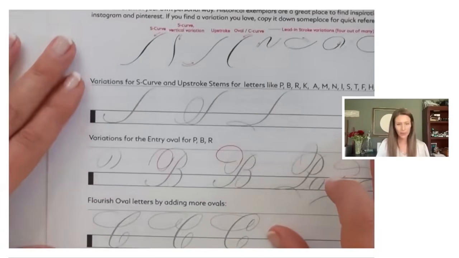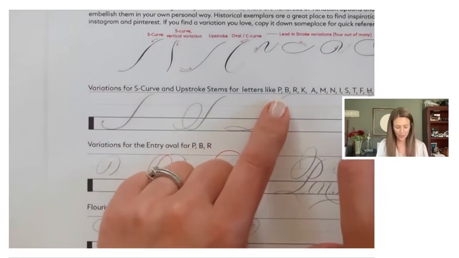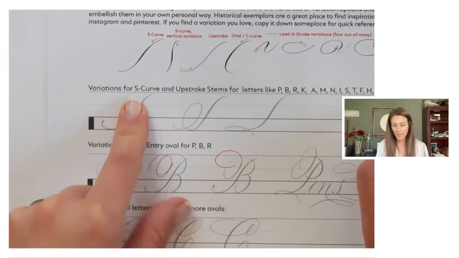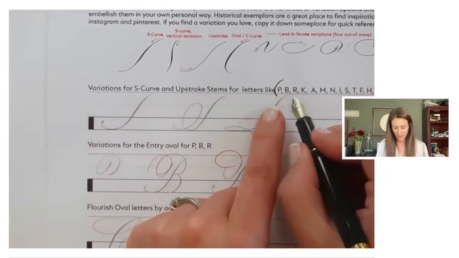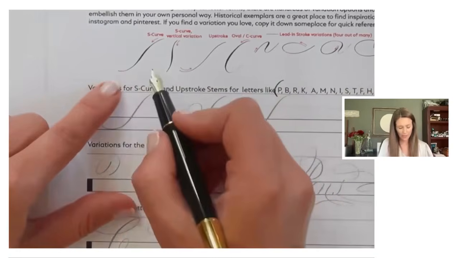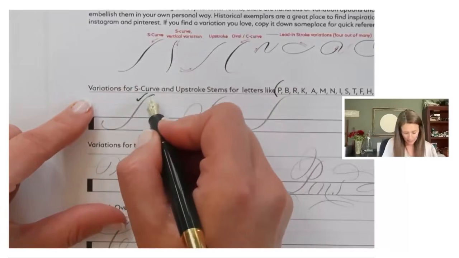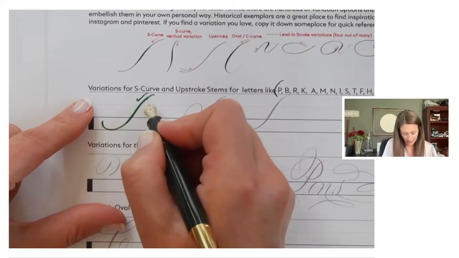Any of our capitals, so again, going back to part 2 in our class, we talked about the letters that had that S curve in them. So all of these letters here have an S curve stroke in them, either one that starts in a downward motion like this. So it would have that added weight in there, that thickness.